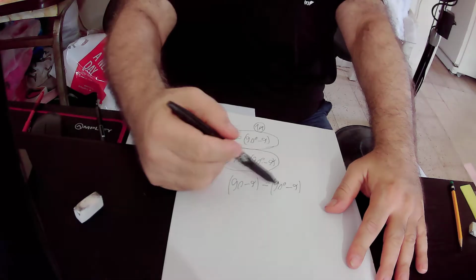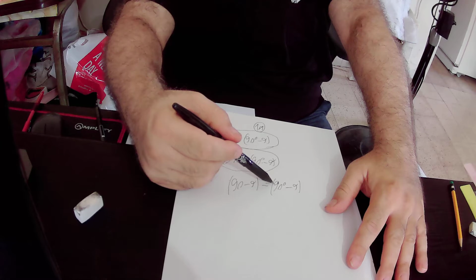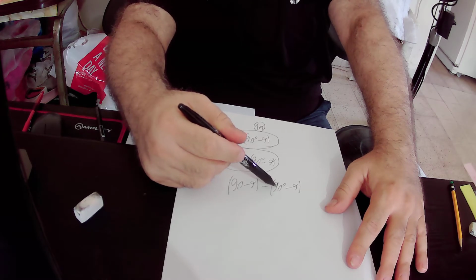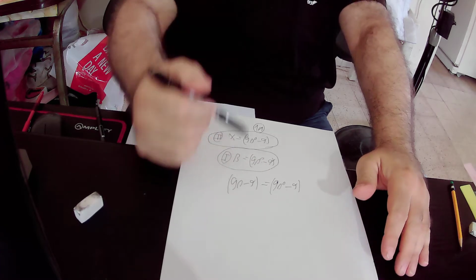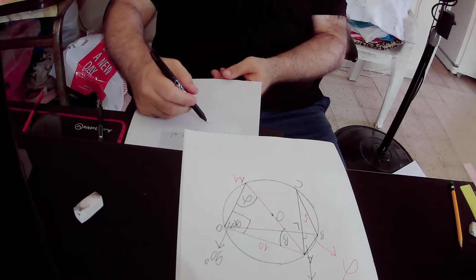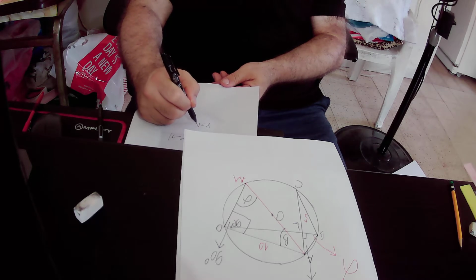And from this side of the equation we can subtract 90 degrees minus alpha by beta, because beta equals 90 degrees minus alpha. So we will get that angle x equals angle beta.